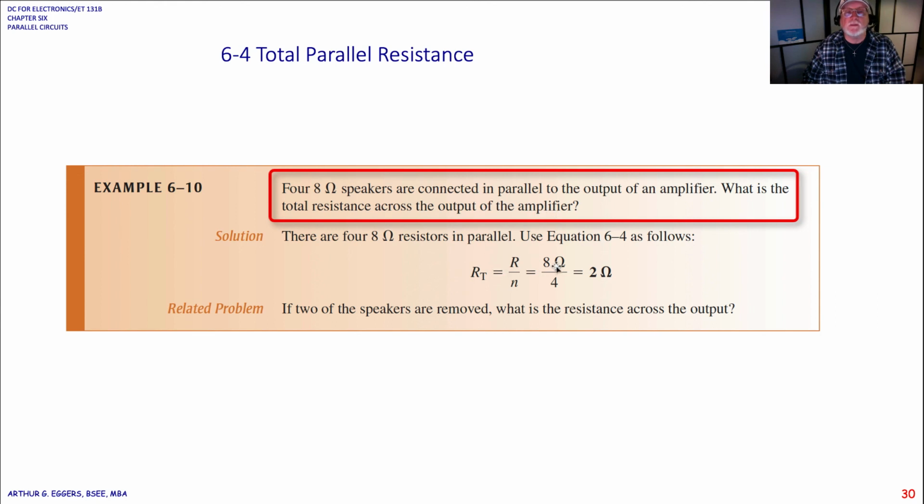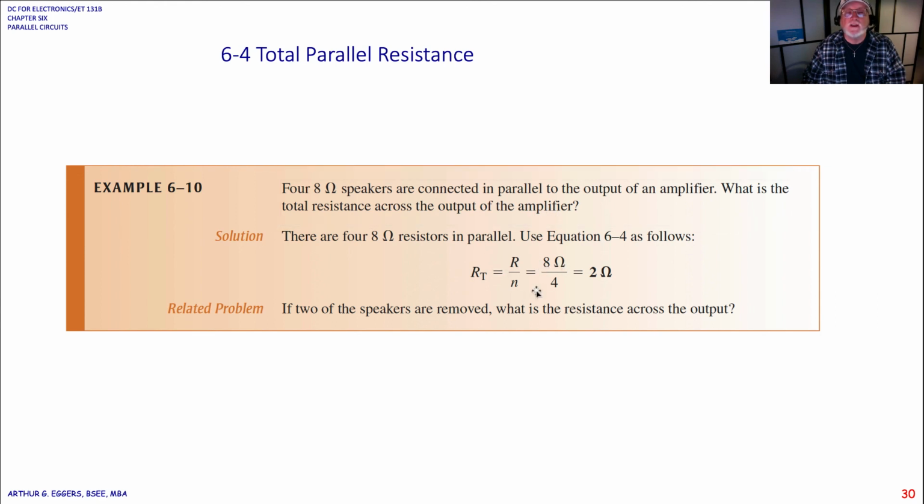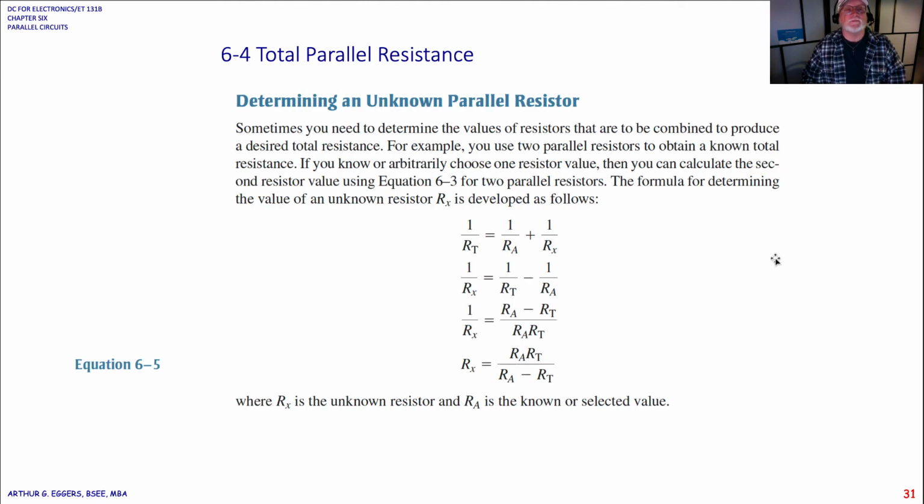So all I do is I put 8 ohms in the numerator, I divide by 4, and what do I get? A total resistance of 2 ohms, smaller than the smallest. Okay, so when we come back, we're going to look at determining an unknown from a parallel resistor.